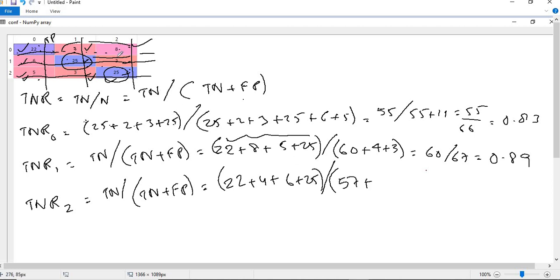The false negative in this case is the vertical one, 8 plus 2, 10. So this is 57 divided by 67, which equals 0.85. That's how we can calculate the true negative rate.